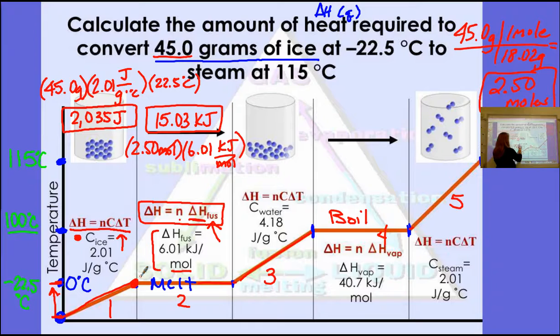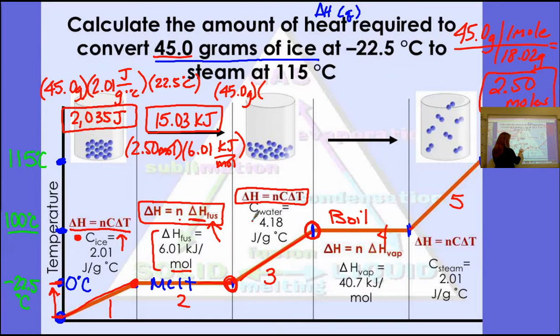Part 3. Now I'm in a liquid phase. I'm going to take it from the melting point to the boiling point. Since I have a temperature change, I can use NC delta T. So my N is still the same, 45.0 grams.